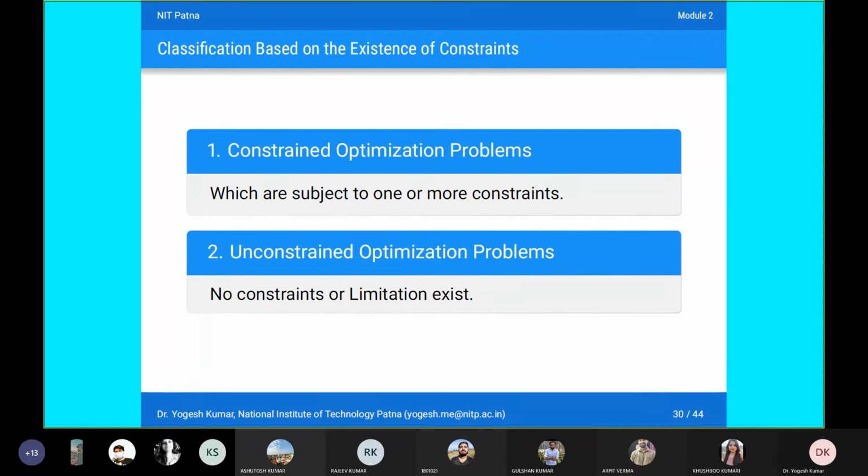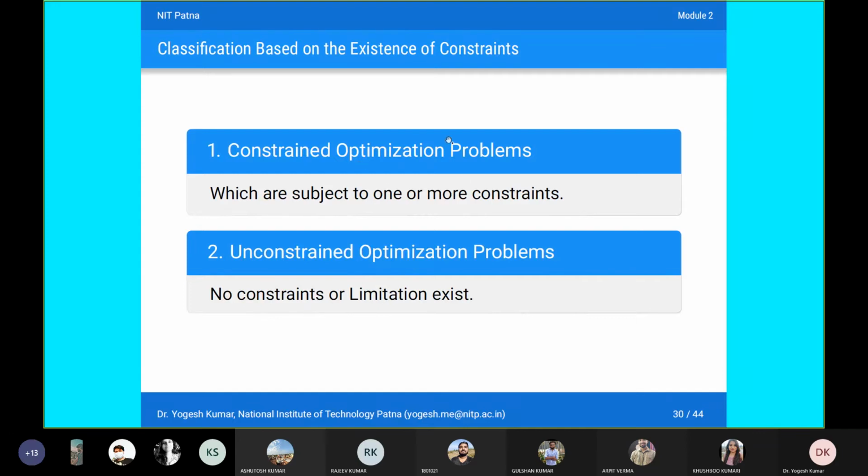Suppose there may also be problems where we do not have any such constraint. In the previous example, if we simply state that there is no constraint, then this problem may be called an unconstrained optimization problem.